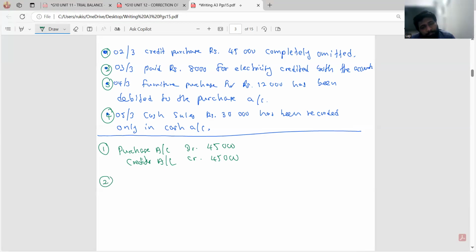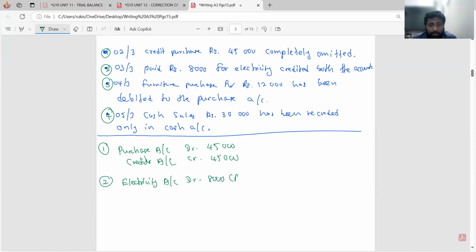Second, paid rupees 8,000 for electricity, credited for both the accounts. So you can't credit it to the electricity account. You have to debit it to the electricity. So 8,000 is to remove the wrong credit. The electricity account, debit 8,000.